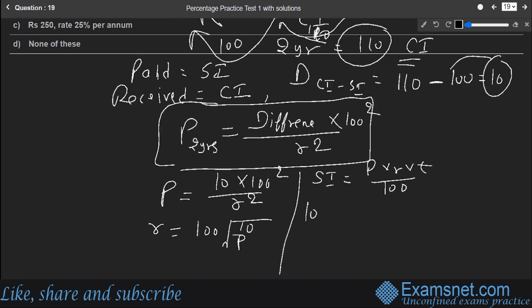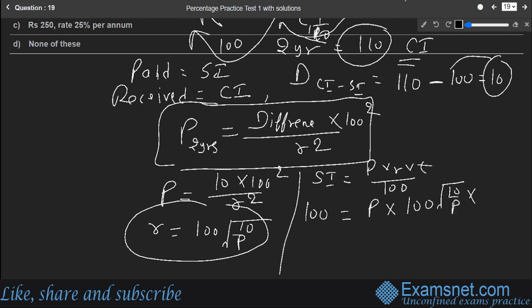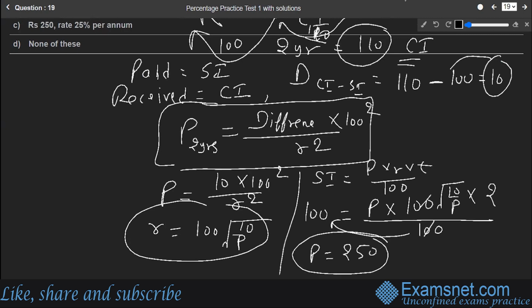So in place of simple interest we'll write 100 is equal to p, and in place of r we write the expression we have just created: 100 into root 10 by p, into time value, which is obviously 2, divided by 100. If we solve this, the 100 comes to the left hand side, becomes 100 square, which cuts the other 100. Solving this, the value of p comes out as 250. So that is the principal value.